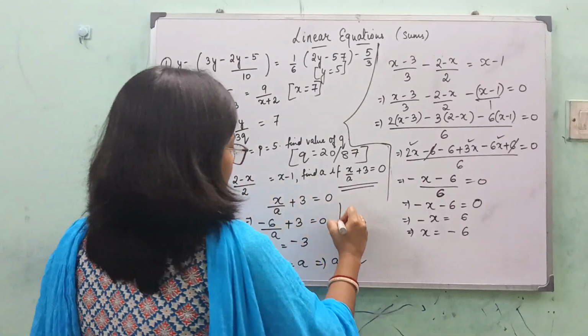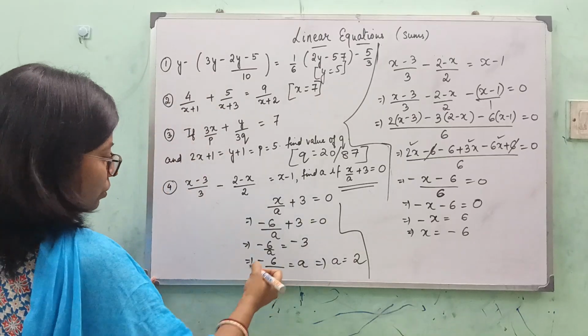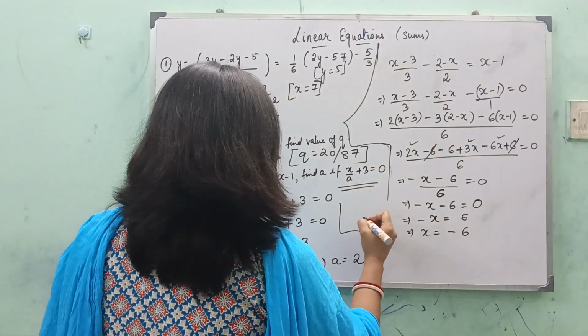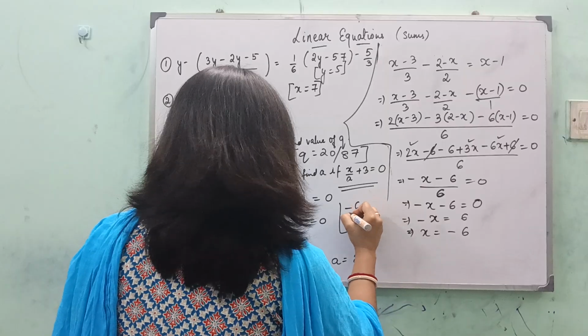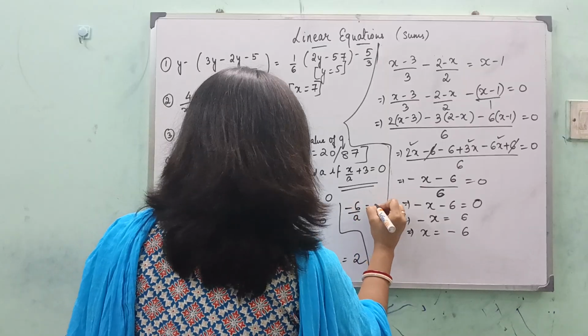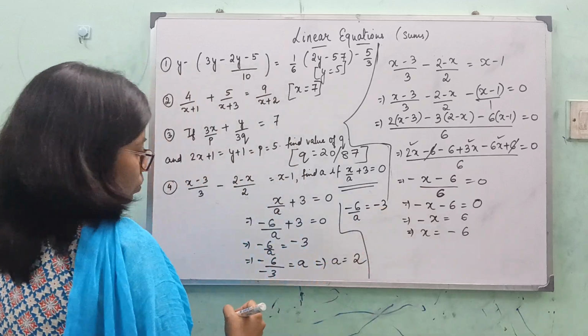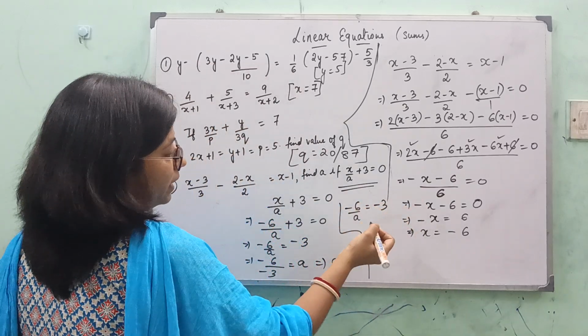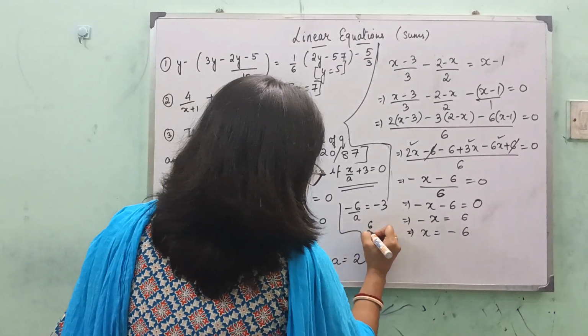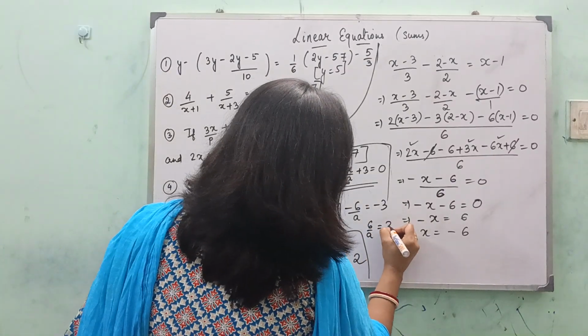This you could have done in this way also. Another short trick I am showing you, that is minus 6 by a is equal to minus 3. So both the sides minus sign will get removed if you multiply with minus 1. So 6 by a equals 3.